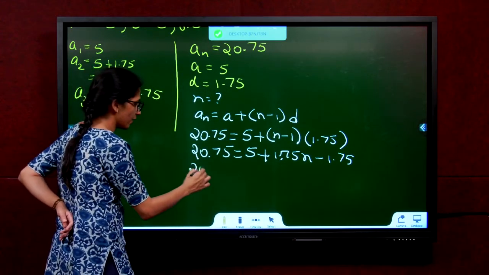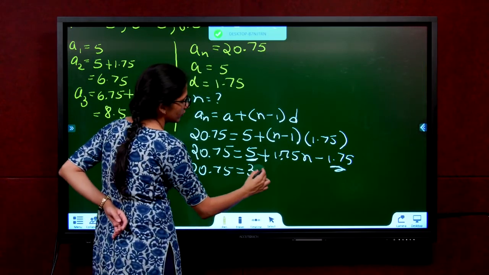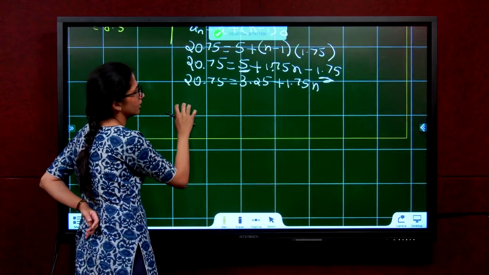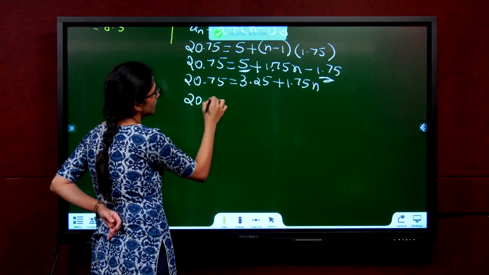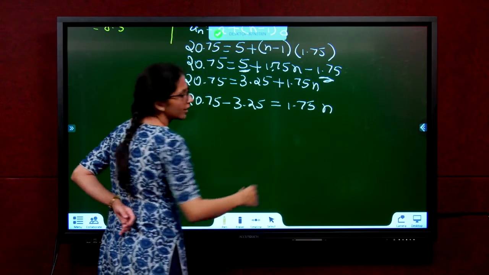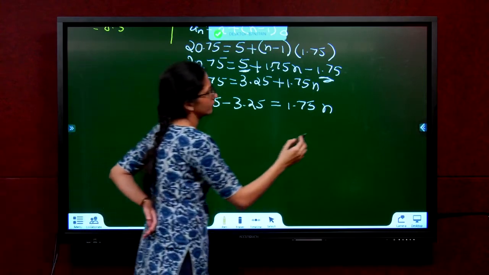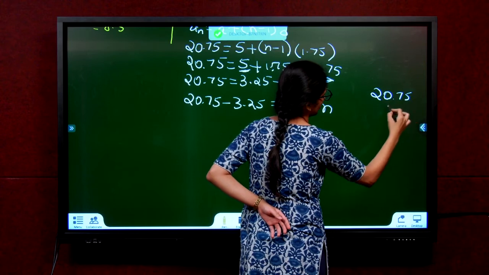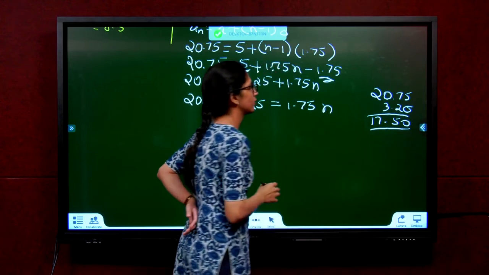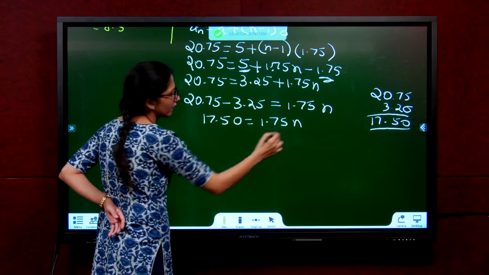Now 20.75 is equal to 5 minus 1.75, 3.25 plus 1.75 N. 3.25 goes aside. 20.75 minus 3.25 is equal to 1.75 N. 20.75 minus 3.25, so you'll get 50. 20 minus 3 is 17, okay? 17.50 is equal to 1.75 N.